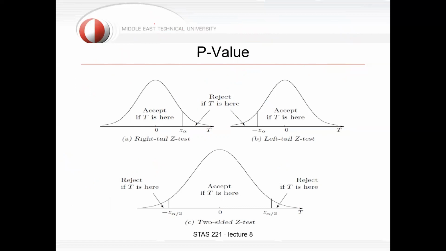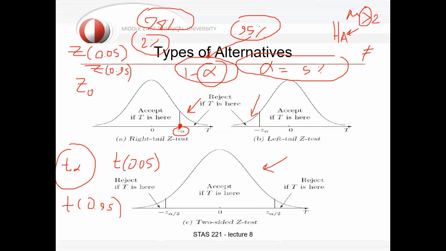So we have another term which is important here, but before going through that, let me talk about this rejection and acceptance area. Let's say we find Z alpha based on the value of alpha. At the same time, you find your Z0, for example. If it is one-sided, here we can call it right tail.